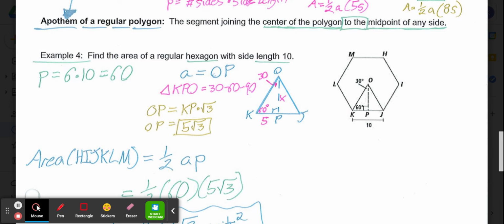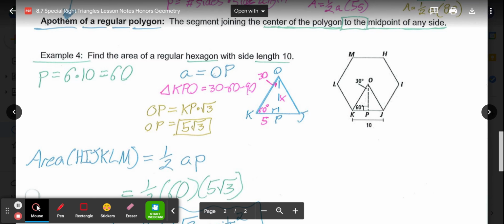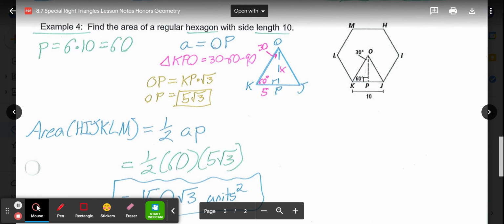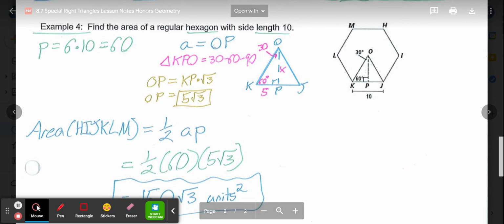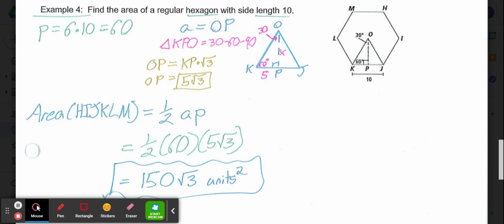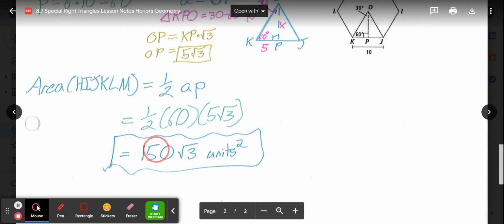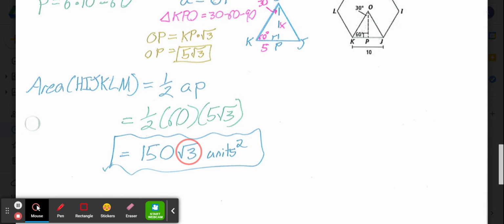Now that allows us to find the area of that whole hexagon. The area of HIJKLM would be 1/2 a p. So 1/2 multiplied by 60 multiplied by 5 square roots of 3. In other words, 30 multiplied by 5 square roots of 3 is 150 square root of 3 units squared.